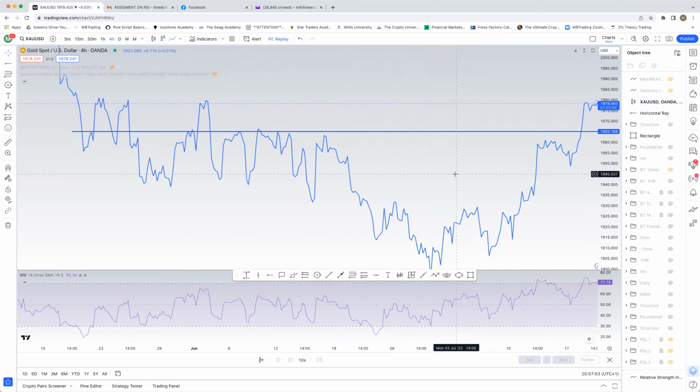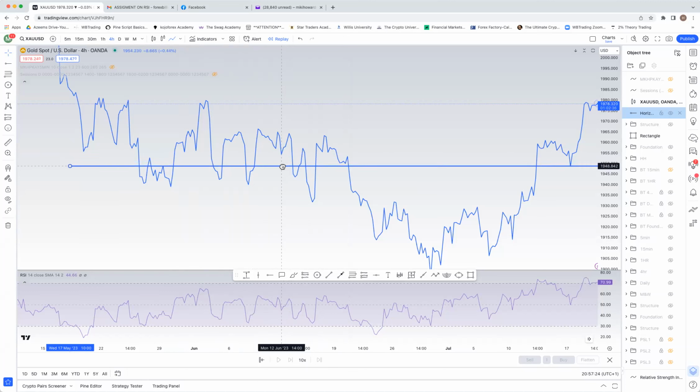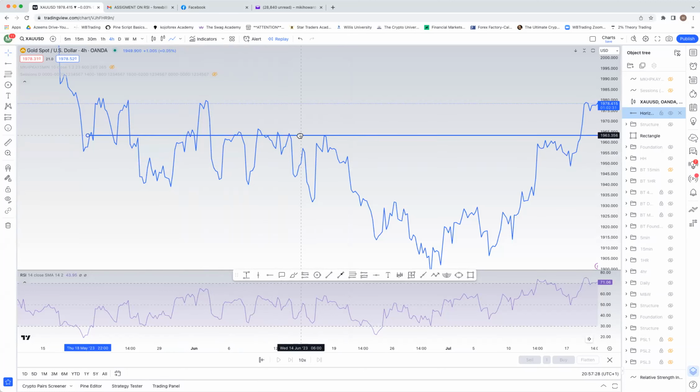So with our situation, we were using support and resistances, but we're looking at where price has respected as a resistance and at the same time has respected as a support. So we will find something like this and something like, let me find one.